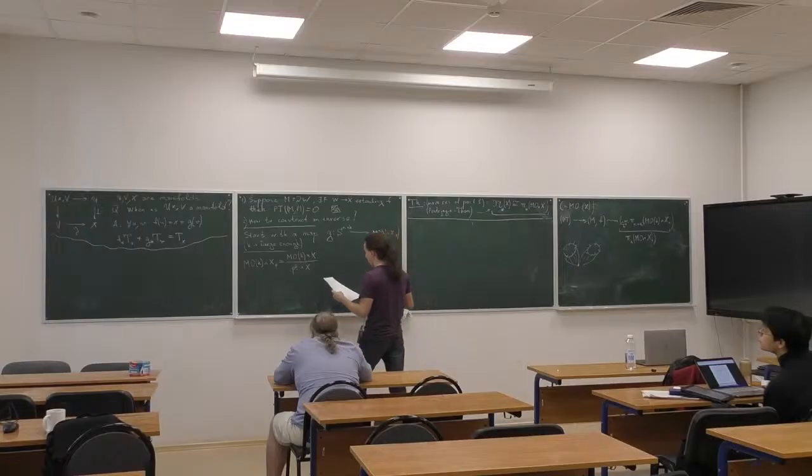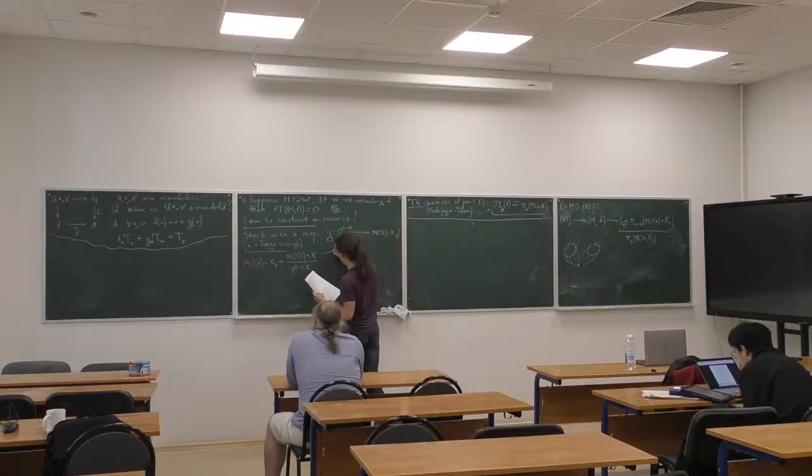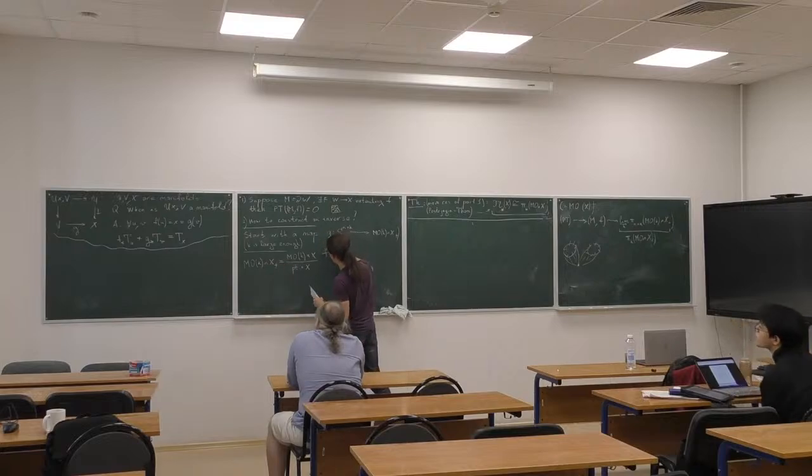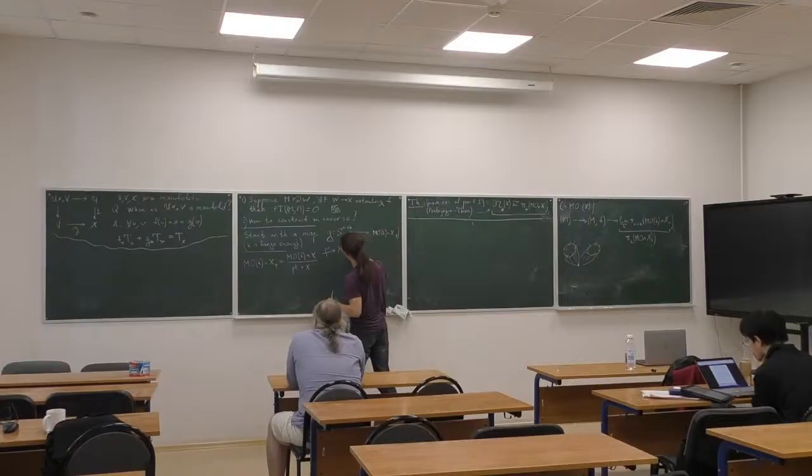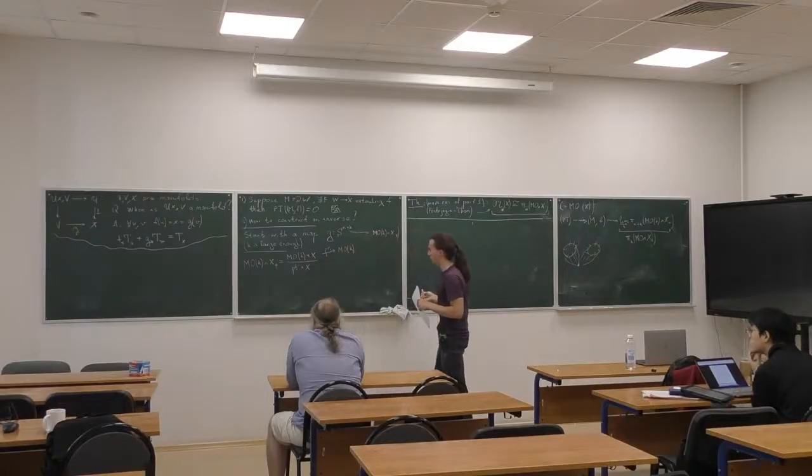So from this description of this space, we can see that the first projection to MO_k is actually well defined, right?